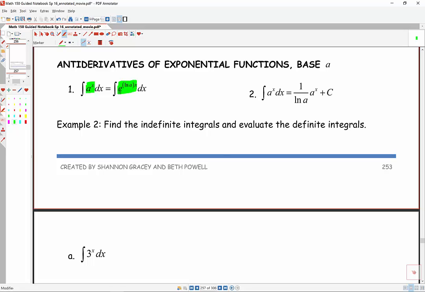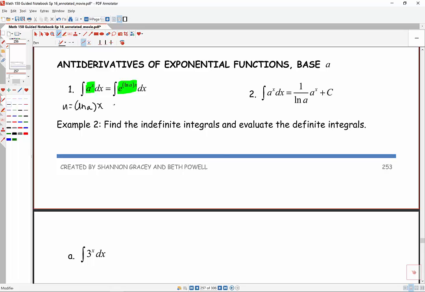And if that's the case, your u sub would be equal to natural log of a times x.